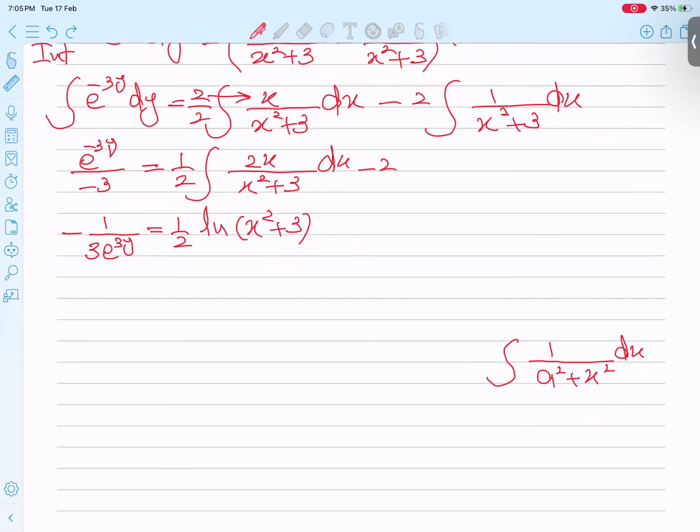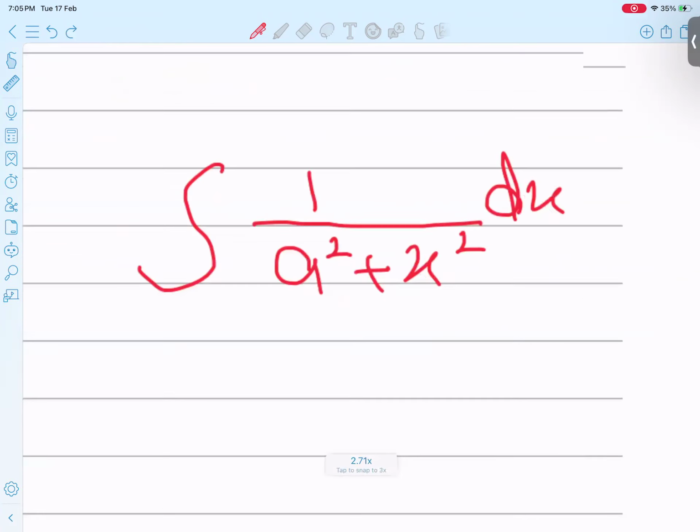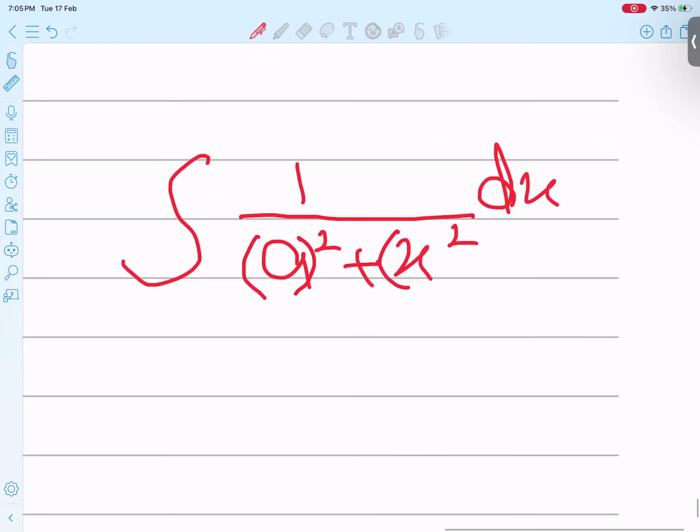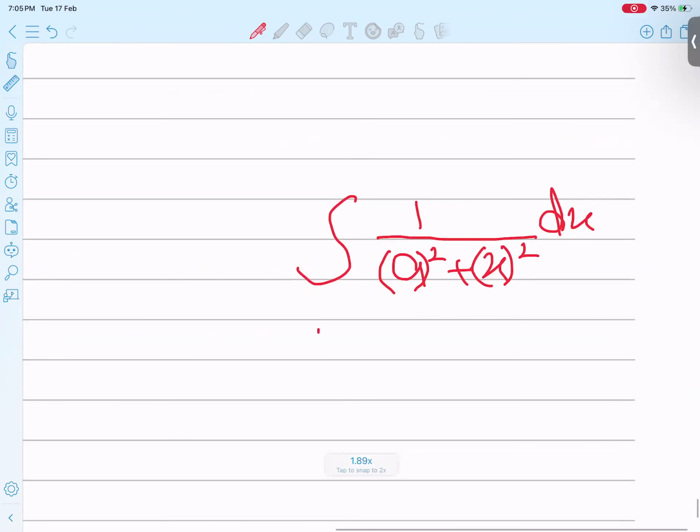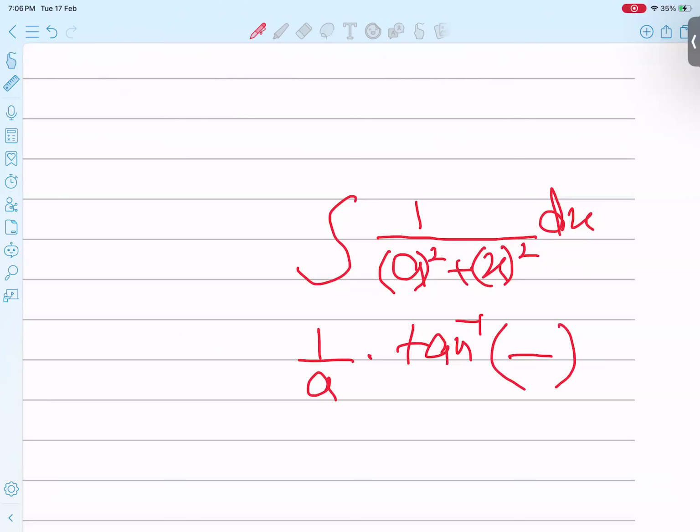So what is the formula whenever this condition comes, how to integrate 1 over... okay, hold on. Before I start, there's a square of a and there's a square of x basically. So what is the formula? 1 over a, which comes from this bracket value, times tan inverse, where I'm writing x up and a down.